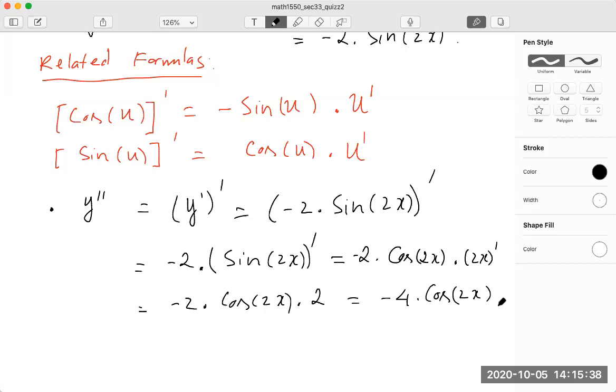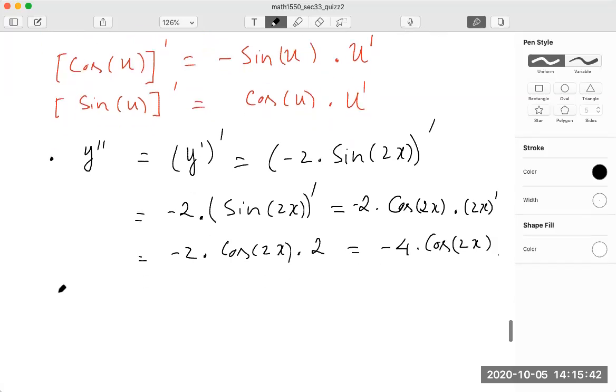Now, we need to compute the third derivative of y, which is the derivative of the second derivative. And the second derivative, we found it here already, which is the derivative of negative 4 times cosine of 2x.